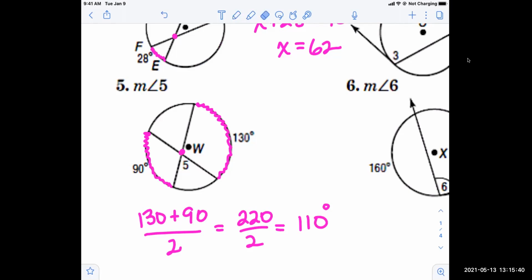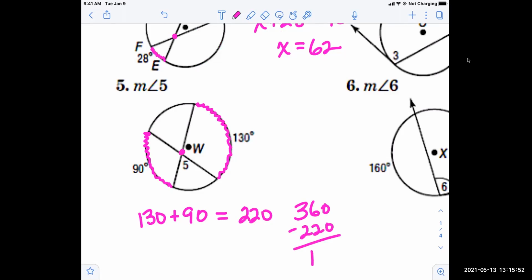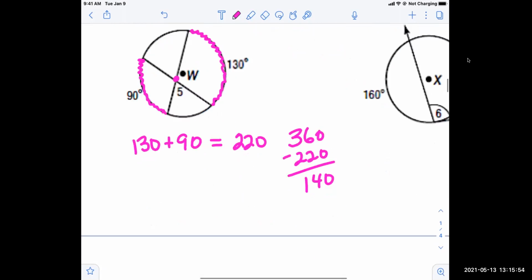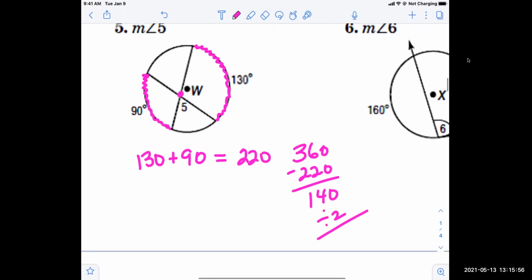Oh. Okay. So you want me to do, that's 220, and then do 360 minus 220, and then divide that by 2? Okay. Why in the world does that work?